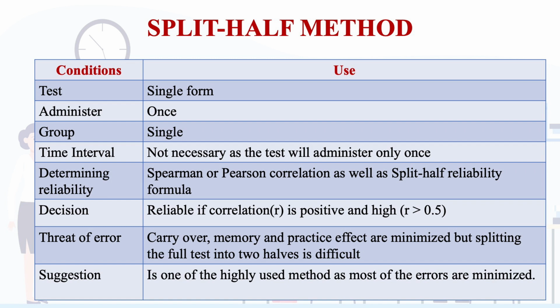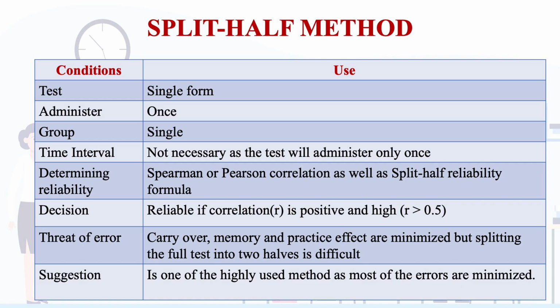And for determining reliability, how to determine it? Here either Spearman or Pearson correlation will be used to find out the correlation coefficient of the two half tests. Then we have to use another statistical formula, that is called the split-half reliability formula.